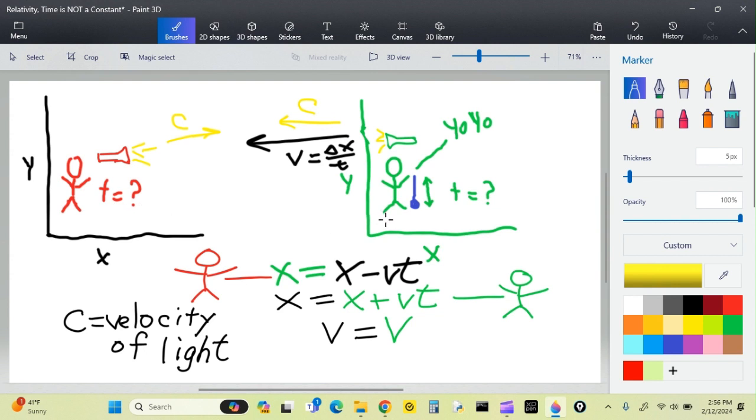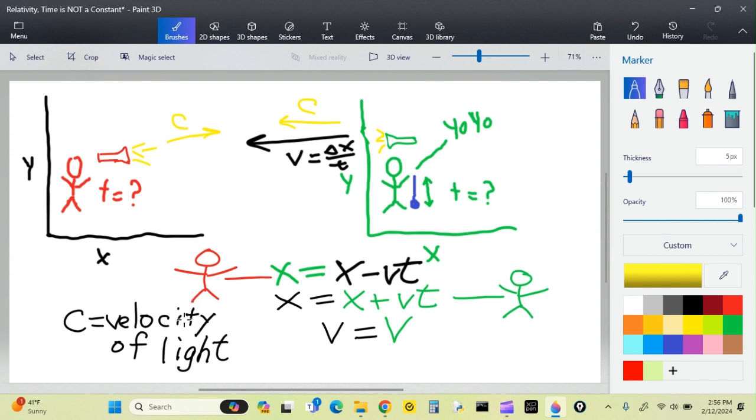So, what else am I going to talk about? Well, I've got these flashlights here. I've got a flashlight here that's shining a light toward Mr. Redman, and I've got a flashlight here that's shining a light towards Mr. Greenman. Now, are these velocities the same? Even though this one's going this way and this one's going that way, are those velocities the same?